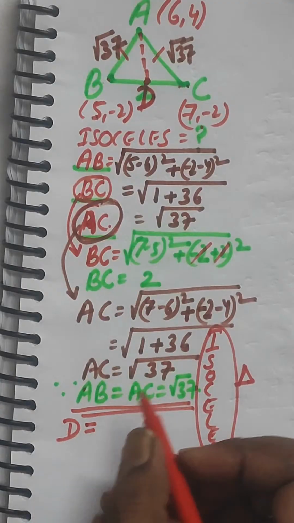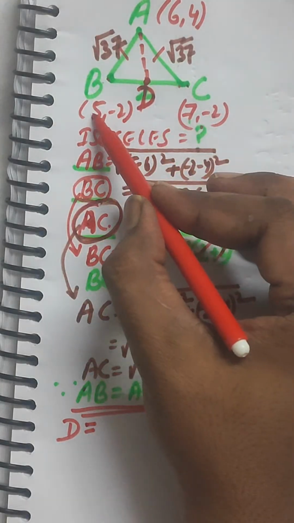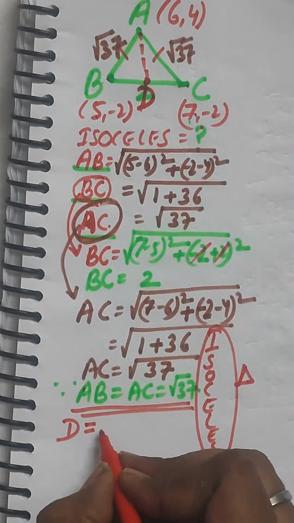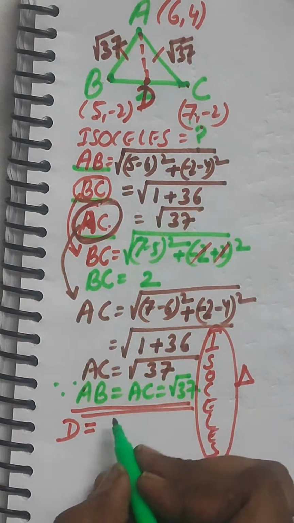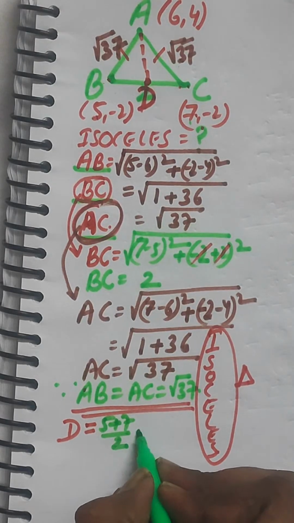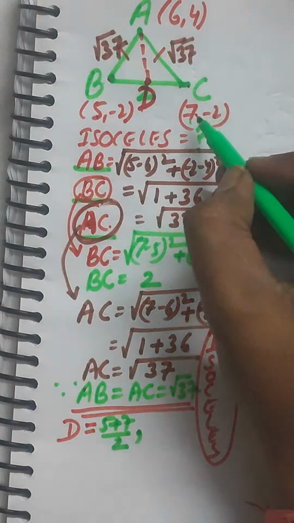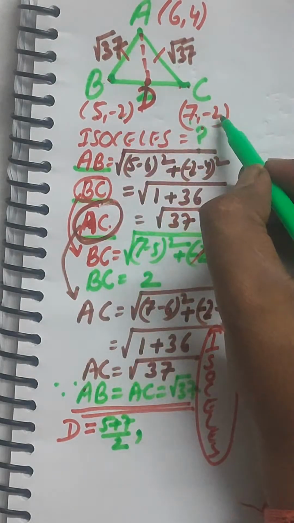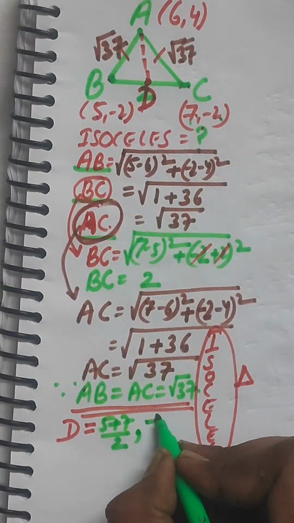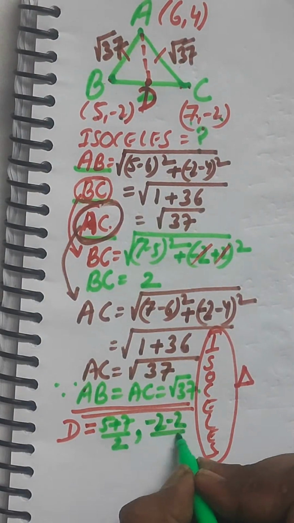Coordinates of D can be easily calculated: just add the abscissa of B and C and divide by 2. That means 5 plus 7 divided by 2, and for the ordinates, add the ordinates and divide by 2: minus 2 plus minus 2 divided by 2.